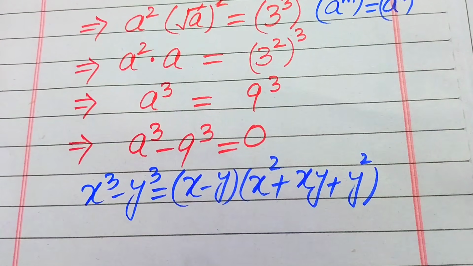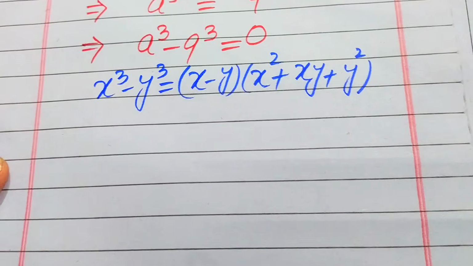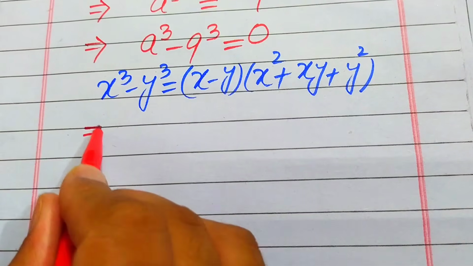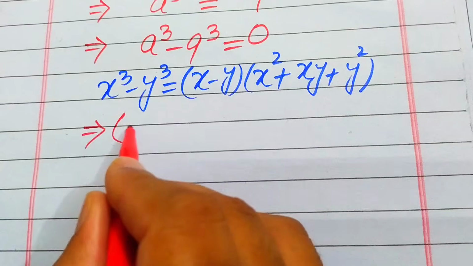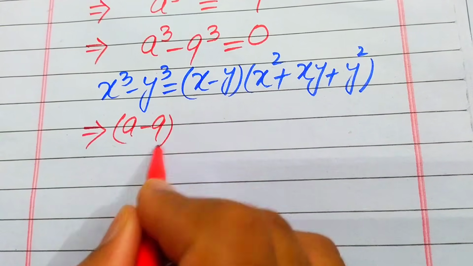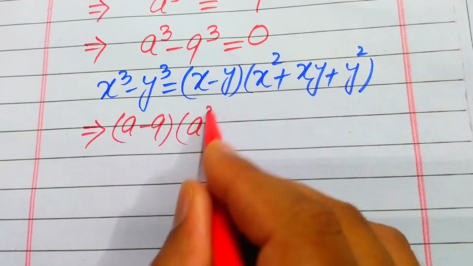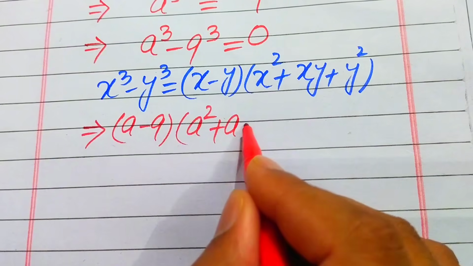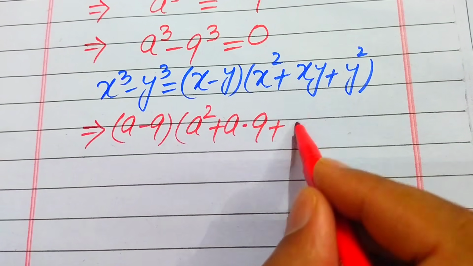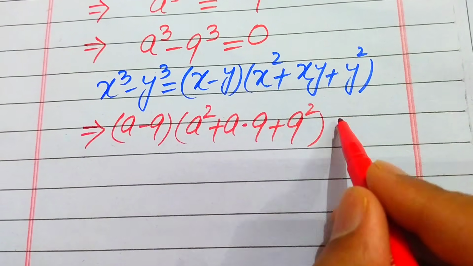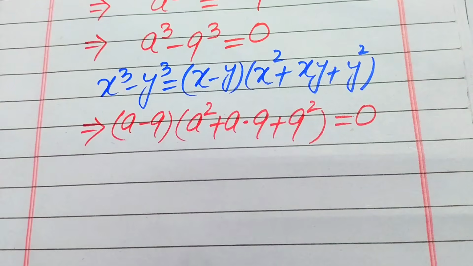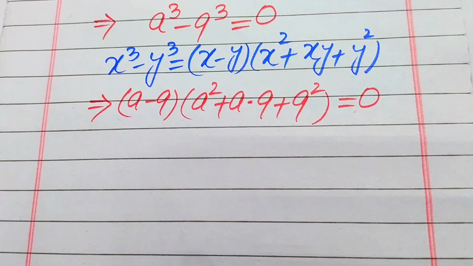According to this cubic formula, we write the above equation as (a minus 9) times (a squared plus a times 9 plus 9 squared) equals 0.